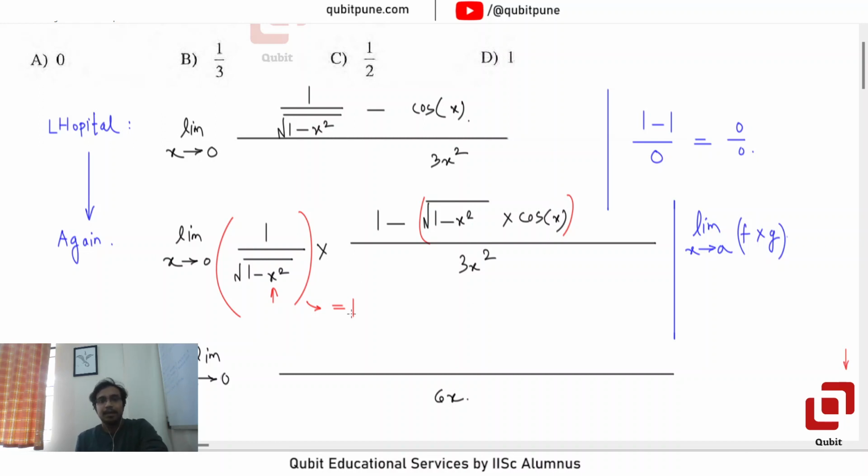Let's go to the derivative of 1 now. That's 0. Now let us apply the product rule here, u dash into v. Derivative of the root is 1 upon 2 root of the expression, into its derivative, which would be negative 2x, into cos x.